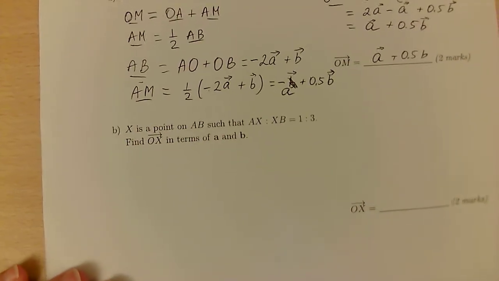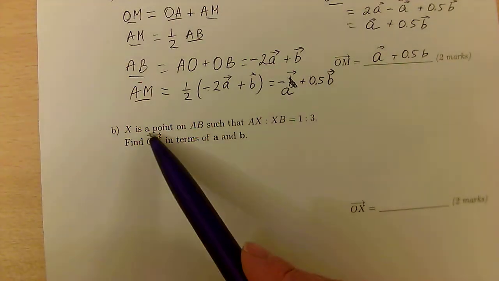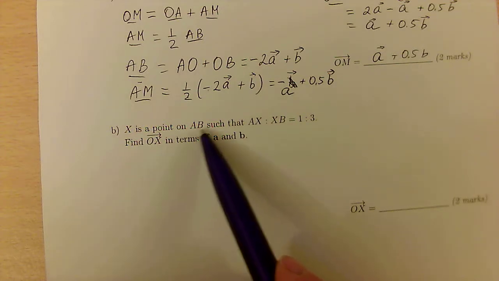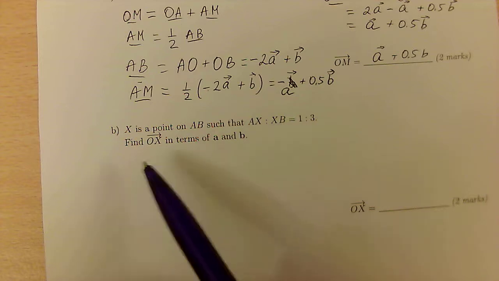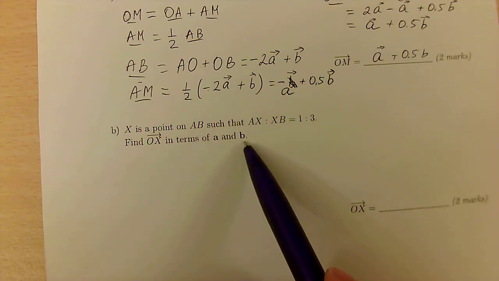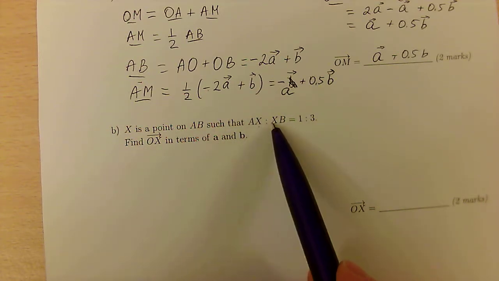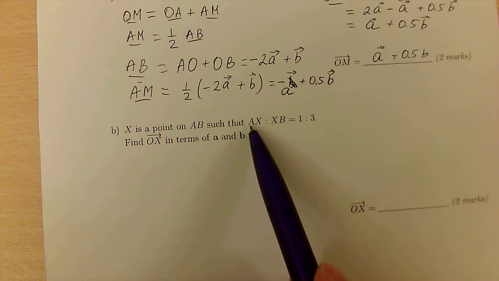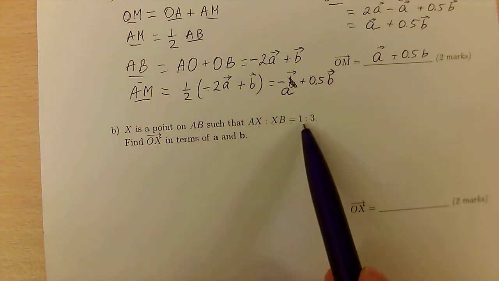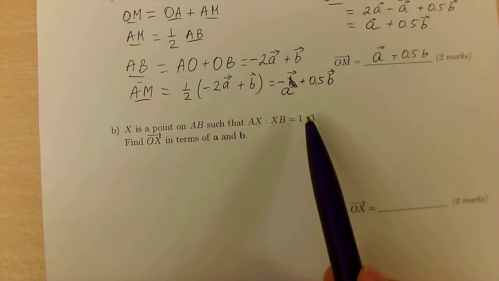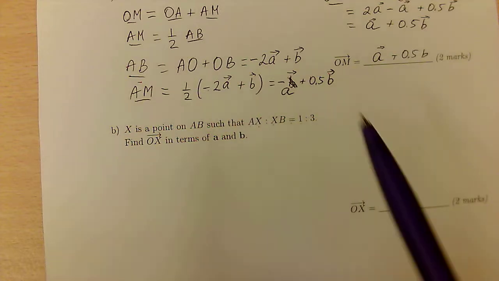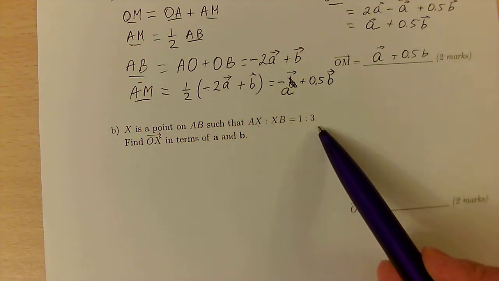Now we need to do the second part. X is a point on AB such that AX to XB is 1 to 3. Find OX in terms of a and b. The point X splits AB into two parts which are not equal. One part is 1 unit and the other is 3 units, so we actually have 4 parts.